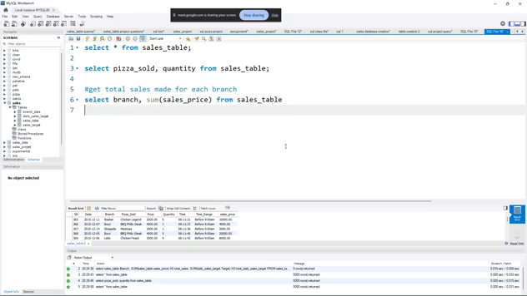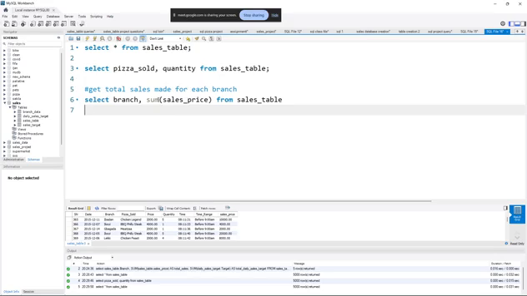I'm not done with this. One thing I need to do is tell SQL what I'm doing, because I have an aggregate function. All these things are called aggregate functions. Maybe you want to use maximum or minimum; they are aggregate functions.